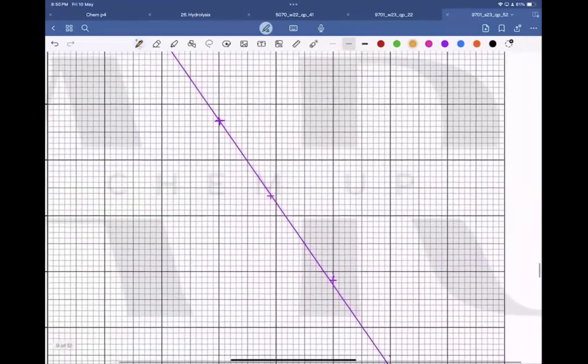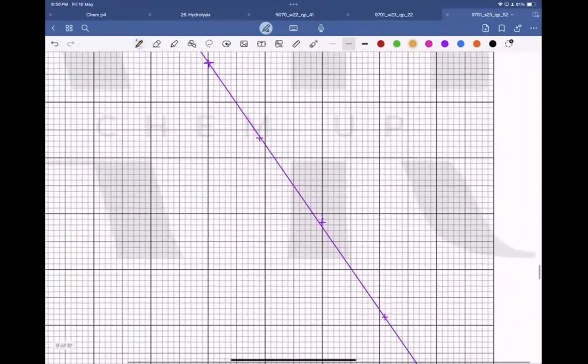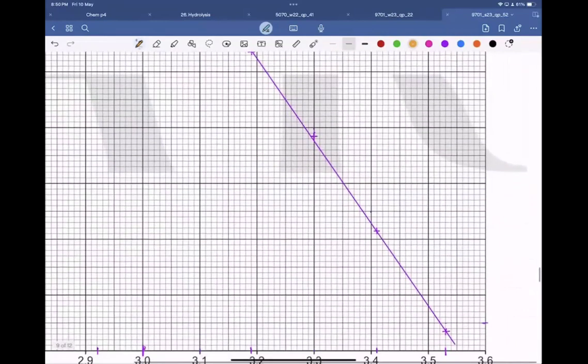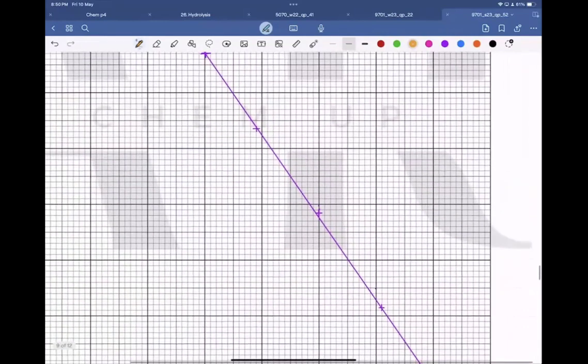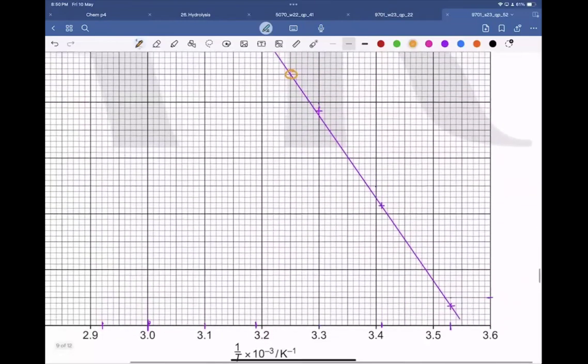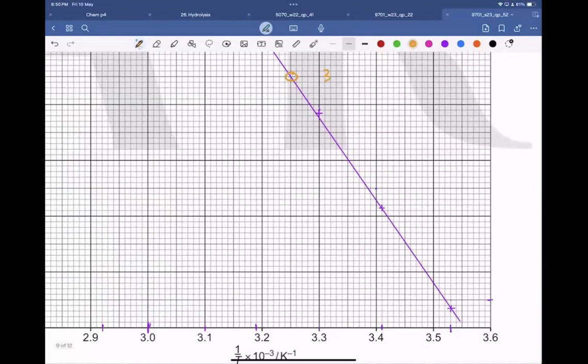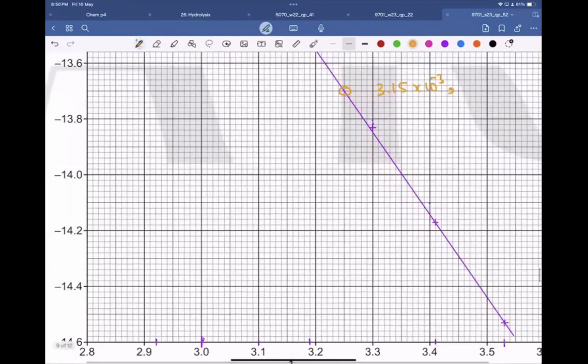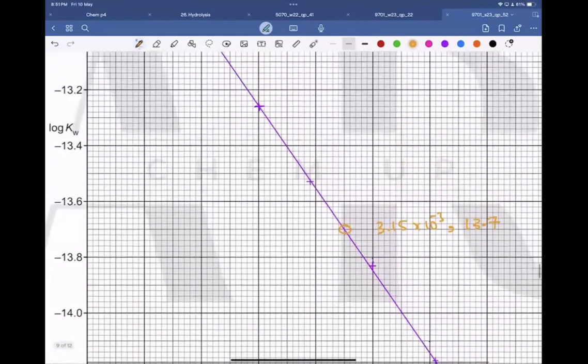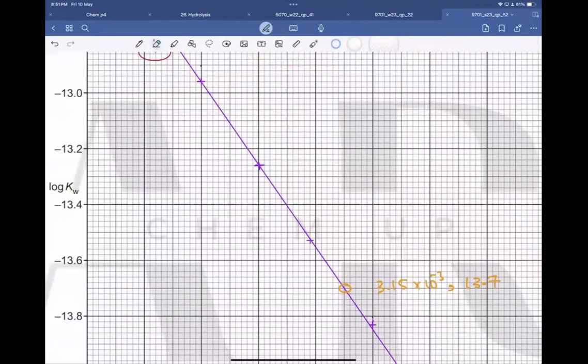Then choose this coordinate, for example. It's 3.15 exponent minus 3, and on the y-axis it's 13.7, right? Okay, don't choose this point, take another point, because it's the point that they have given us. What about this point?